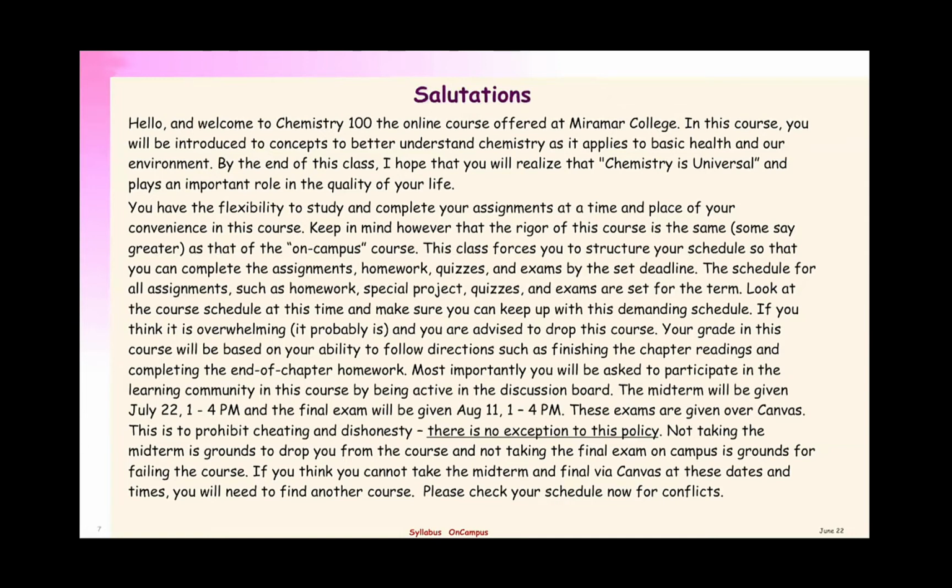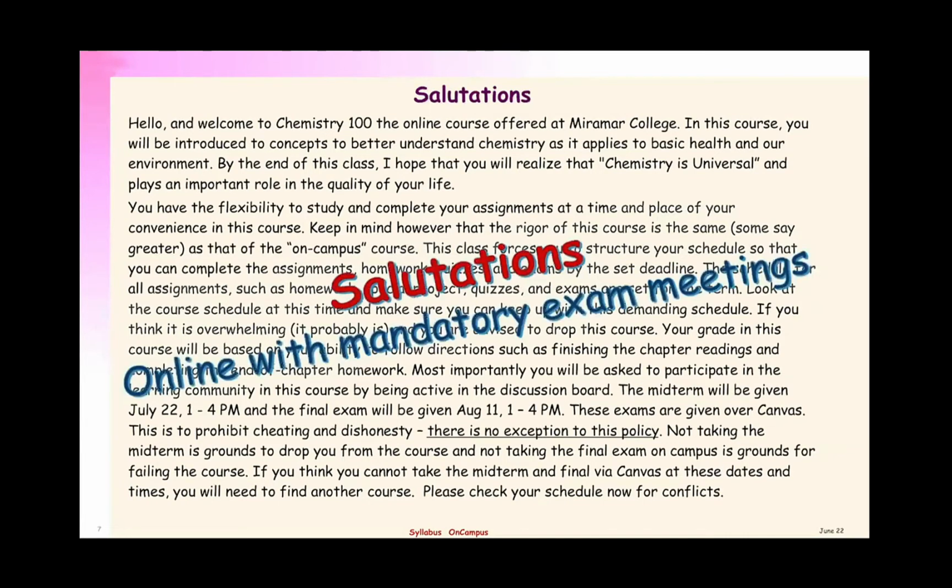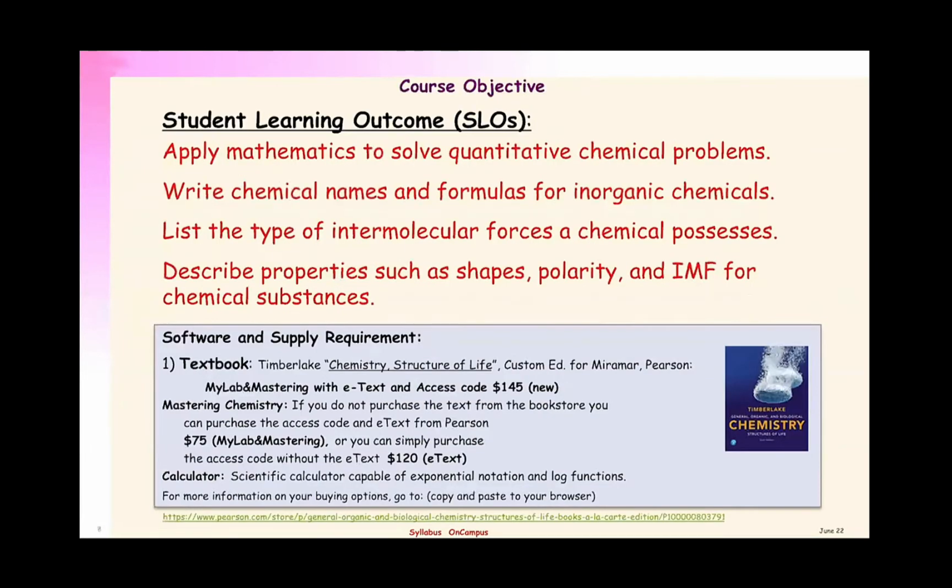As far as the link for the rental, I think you can get it based on what I put in the syllabus through Pearson, okay? Let me move on. Here it is, okay? I guess it's not 145 anymore, it's 160, okay? $75 for my lab and mastering. And if you go to Canvas, there's a link there where you can get the information.